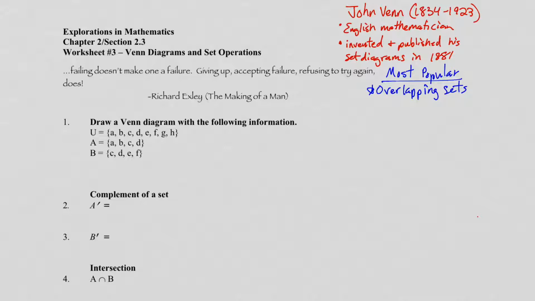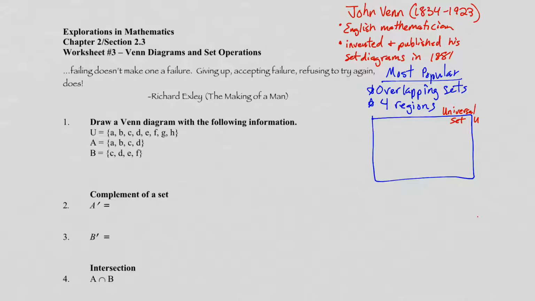Okay, what does that look like? Well, it has 4 regions, and it looks like this. You've got this universal set, which we'll call U. So that represents the big rectangle, and within that rectangle we have 2 subsets.